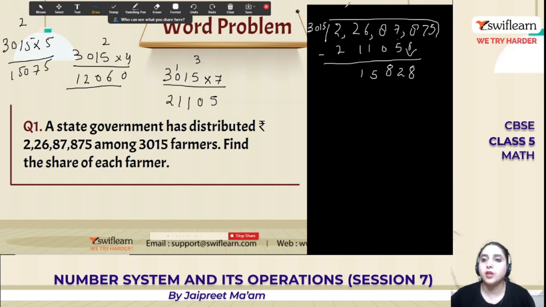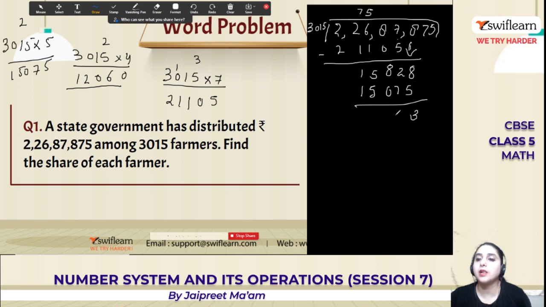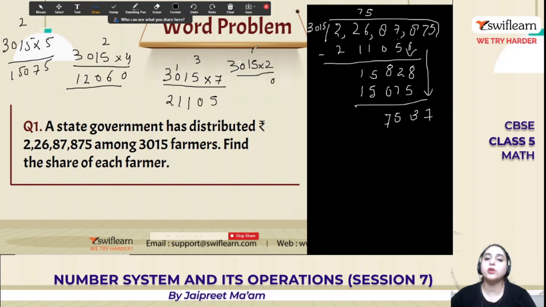So write 7 and 5, and write down the answer 17075. Subtracting, it's 3, it's 12 minus 7 is 5, it's 7 here. So 753. Bring 7 down. Okay, it's a smaller number. Let's multiply 3015 by 2. So it's 10, 1 carry forward. 6030.